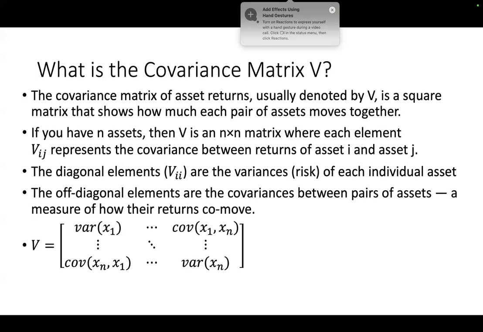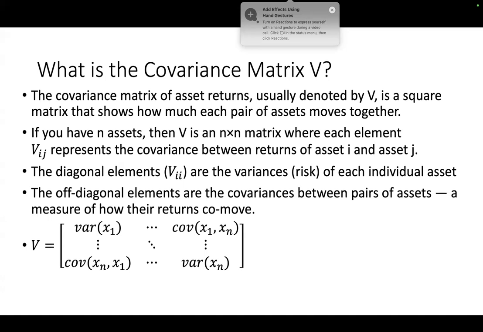and V is an n by n matrix. Vij represents the covariance between asset i and asset j. The diagonal elements show the variance of each individual asset. The off-diagonal elements show the covariance between pairs of assets, a measure of how their returns co-move. If they move up or down at the same time, that means covariance is positive.